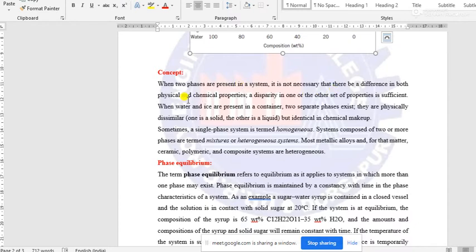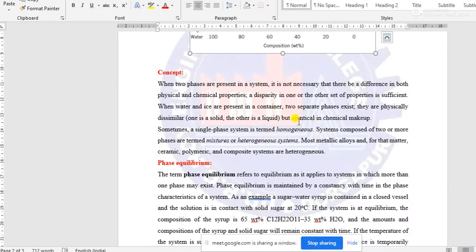Obviously, a phase is nothing but the homogeneous system or homogeneous material or alloy that is present in one system, and there may be two or more different phases in one specific system. Okay. A single phase system is called a homogeneous system.